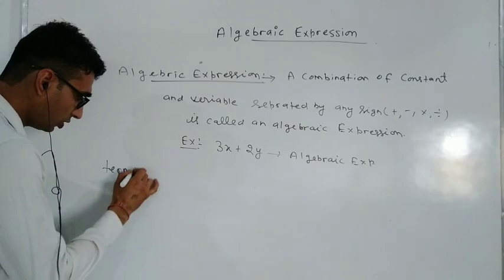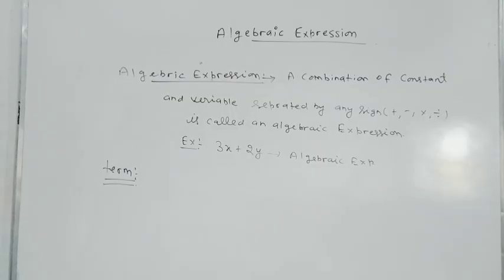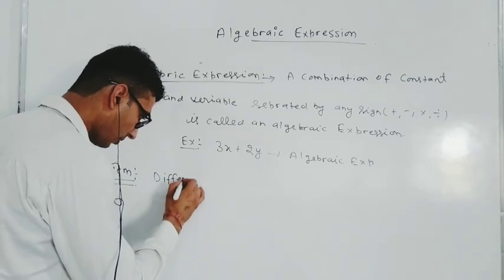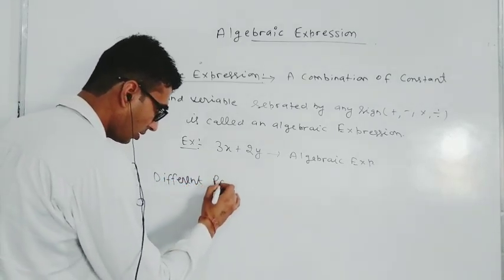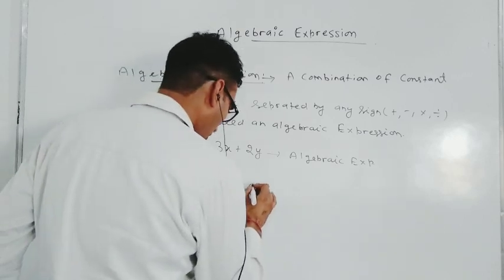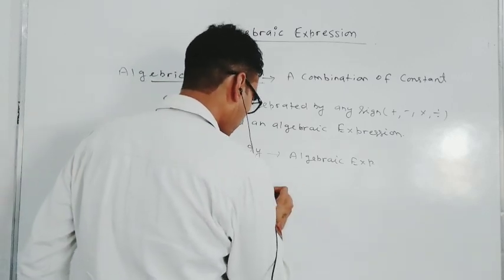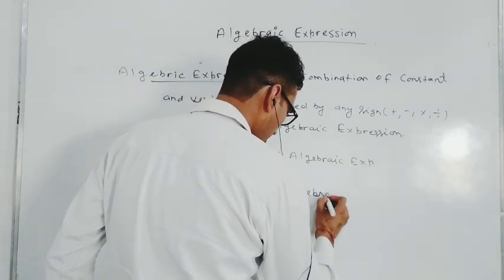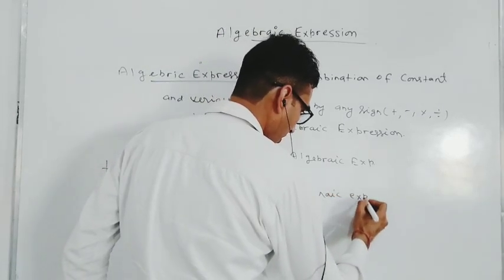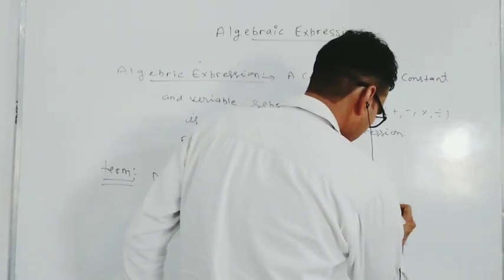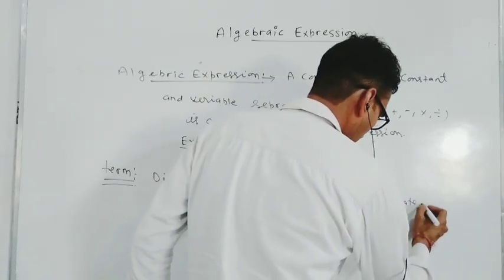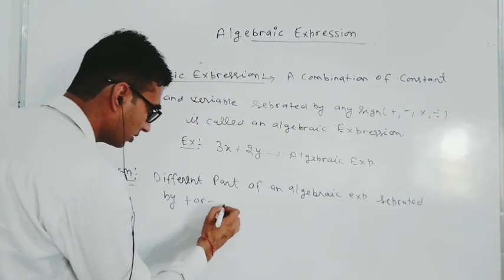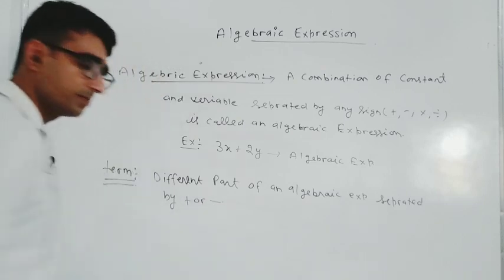What is term? So beta, different part of an algebraic expression separated by plus or minus is called term.